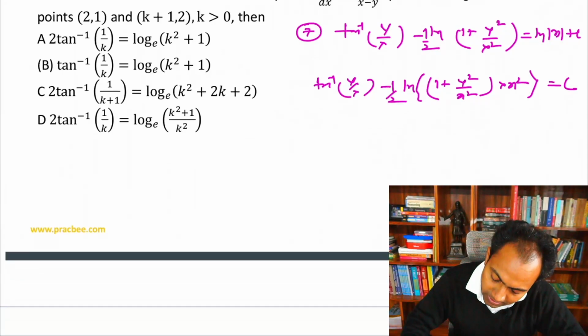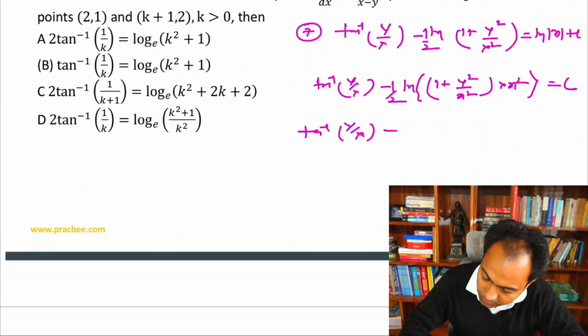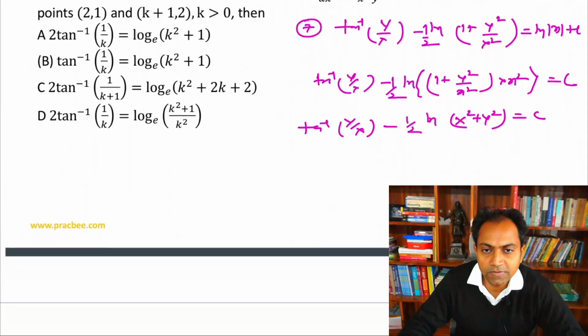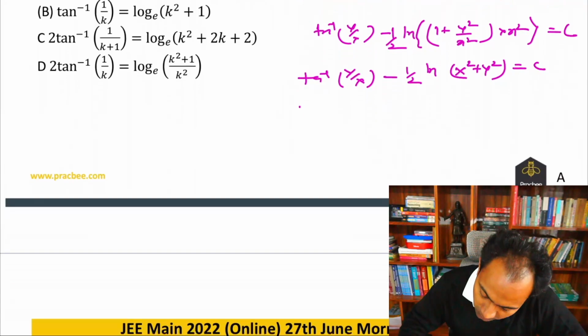And you can see that what we are getting ultimately is tan inverse of Y by capital X minus 1 by 2 ln of X square plus Y square is equal to c. Once we have this, now let us put the values. So tan inverse of capital Y will be equal to small y minus 1, small x minus 1.